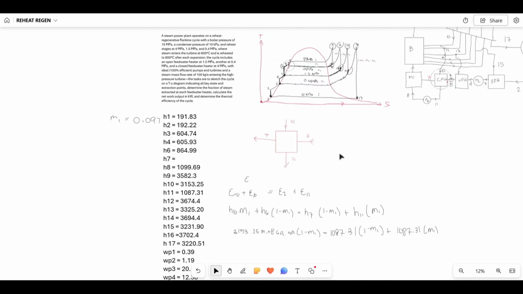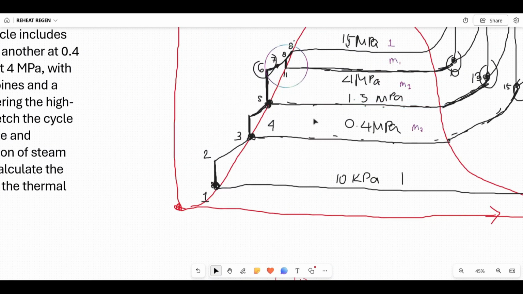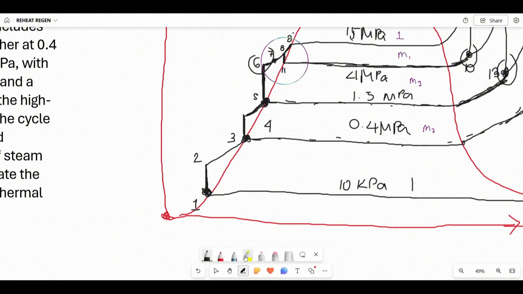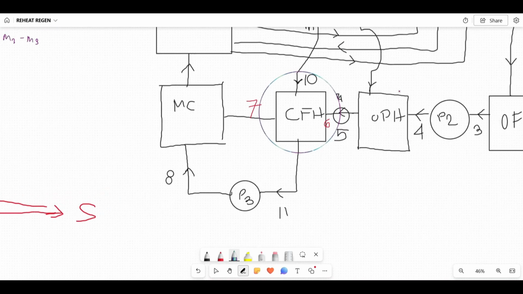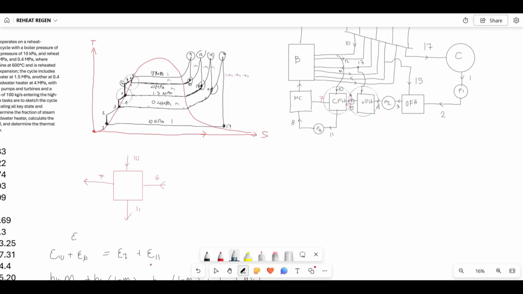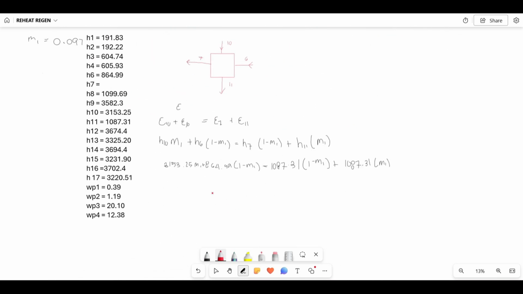Now, how do we get mass 2? Mass 2 can be seen in this particular part of the drawing. Here. If you look at mass 2 right here, then you are going to have an energy balance. So I'm going to draw it again below.